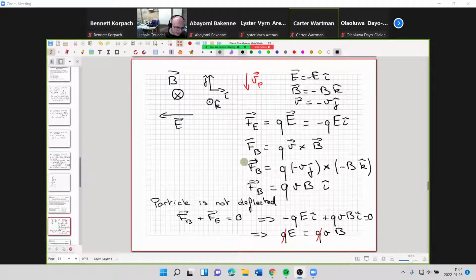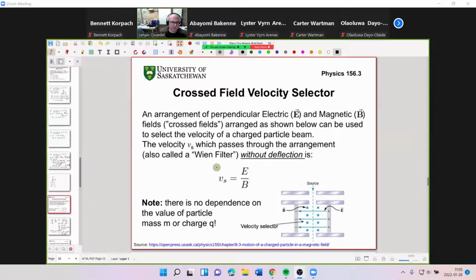And at the end, I have V is equal to E divided by B, which is the formula that was given in the previous slide.